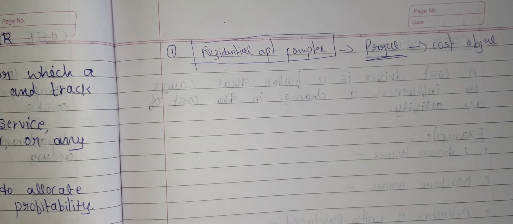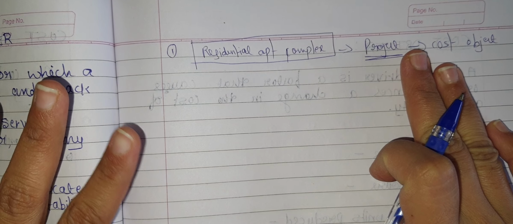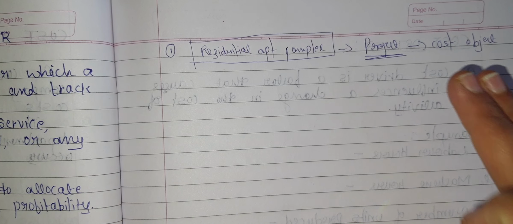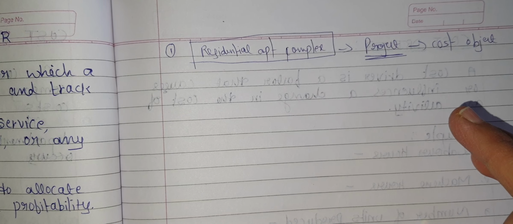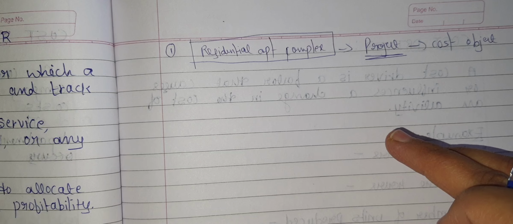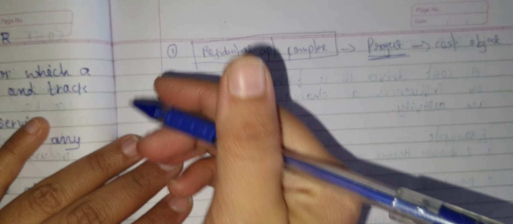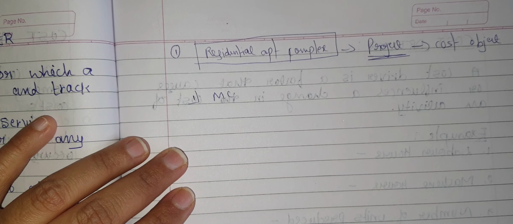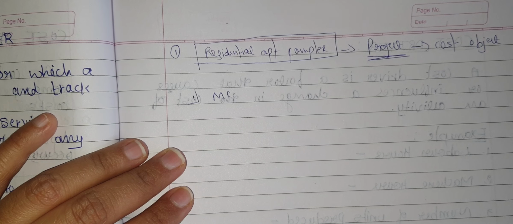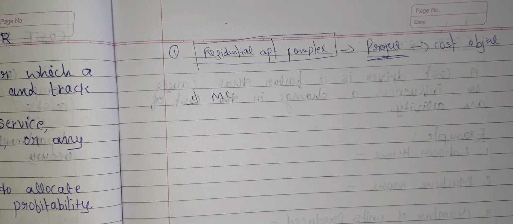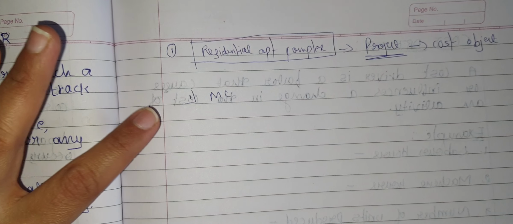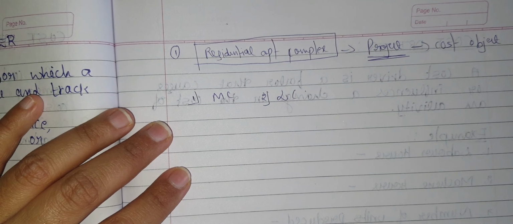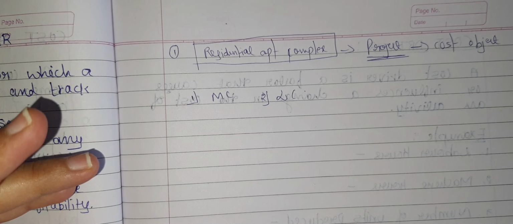This project is a cost object because the company needs to track the cost and measure the profitability. What costs will it incur? First, material cost, which means cement, steel, bricks, etc. Second, labor cost, meaning wages of the workers and engineers.